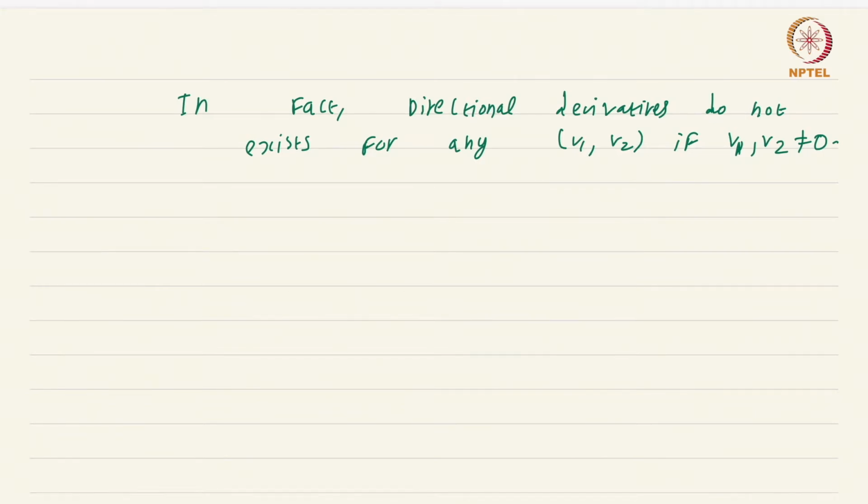So what this shows is that partial derivatives can exist without most directional derivatives existing.